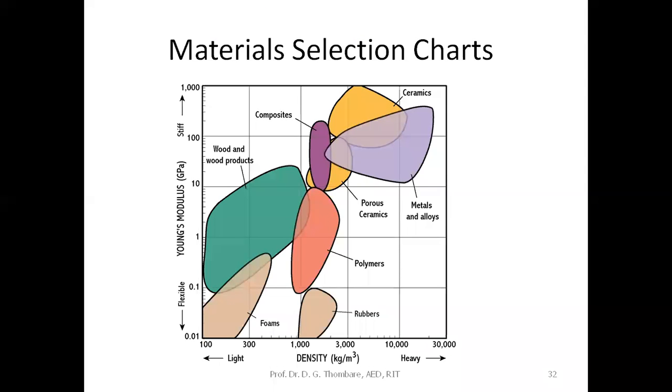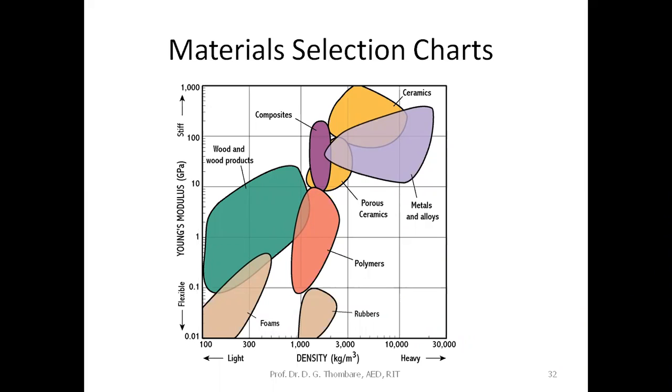If you see the axis where Young's modulus is, you'll see that as Young's modulus increases, the stiffness of the material increases, and as Young's modulus decreases, it becomes flexible. Now on the density side, if the density of the material increases, the material becomes heavy, or its weight goes on increasing. And when density reduces, the material becomes light in weight.